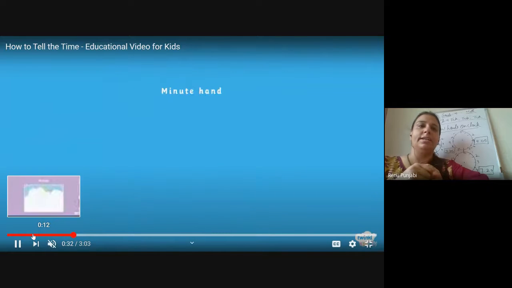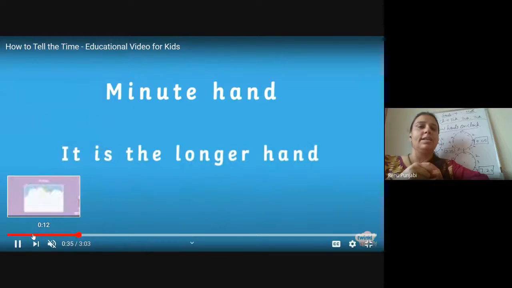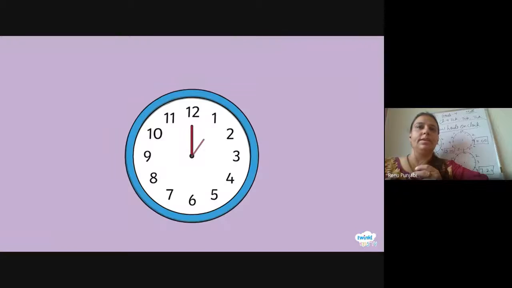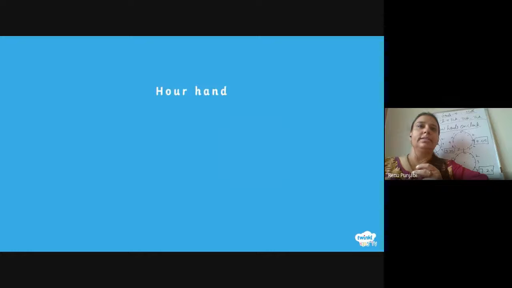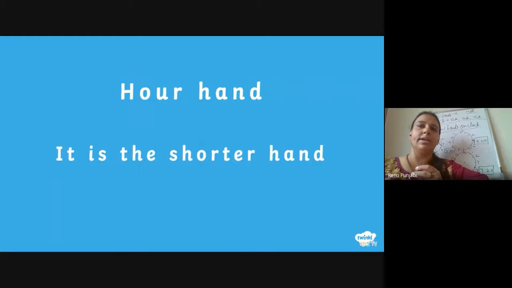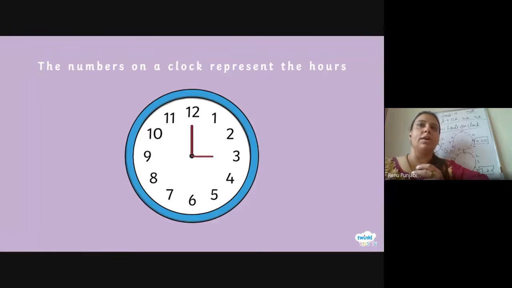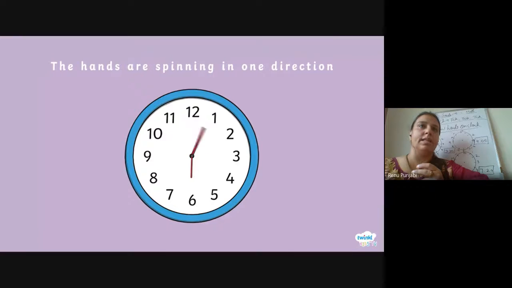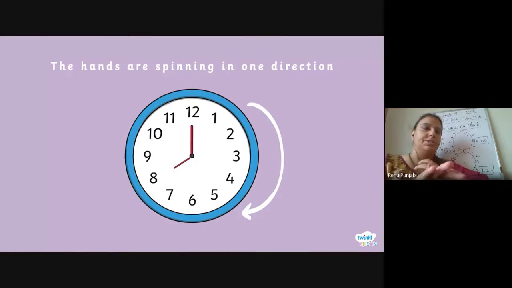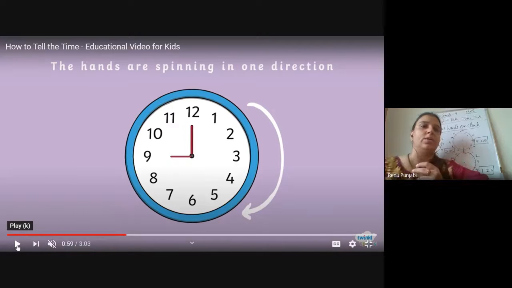It has a minute hand, which is the longest hand, and the hour hand, which is the shortest hand. The numbers on the clock represent the hours, and the hands spin in one direction. When the hands of the clock spin in one direction, it is called clockwise.